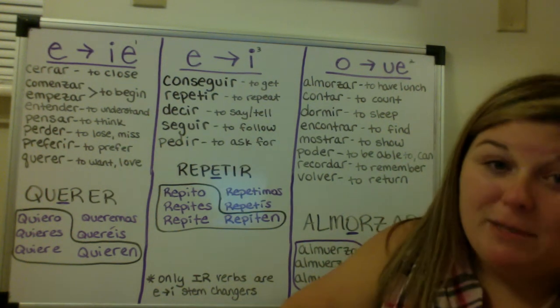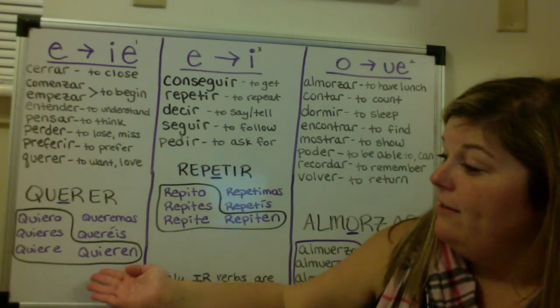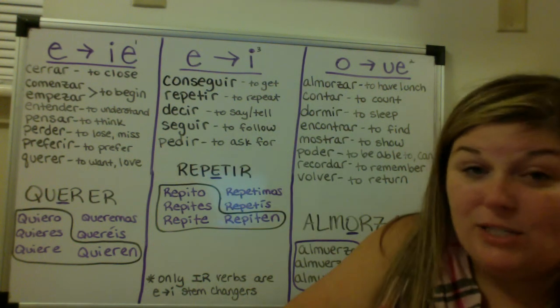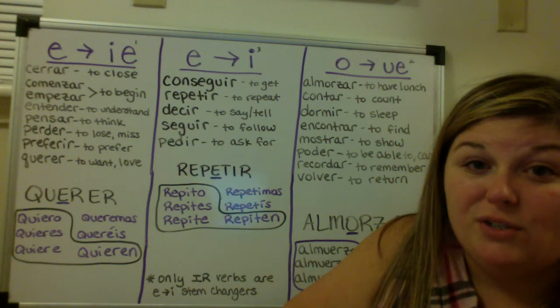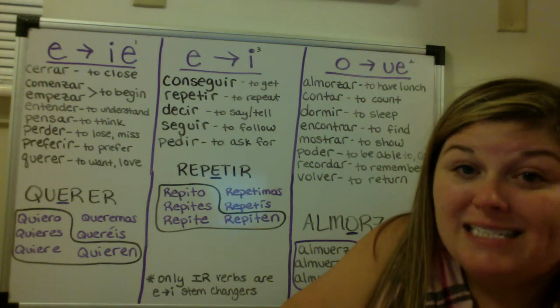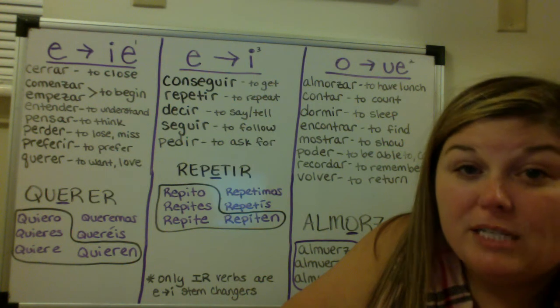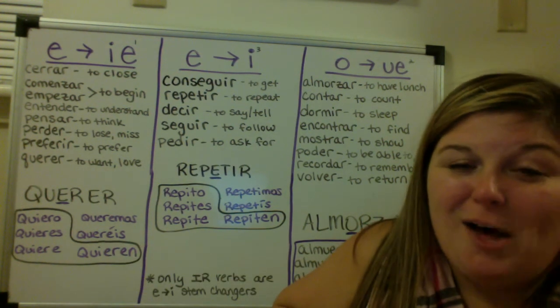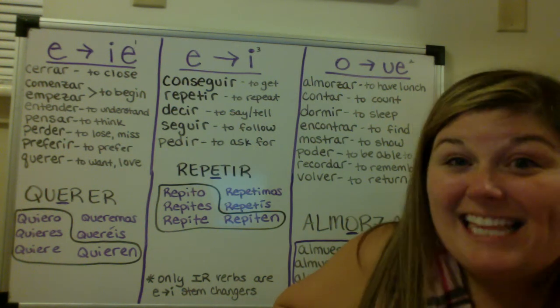Now, you're probably wondering why I have these outlined like this. It's not just to indicate that we don't stem change the nosotros or the vosotros forms, but these verbs are sometimes referred to as shoe verbs or boot verbs. So I drew a little boot here to help you see that image.